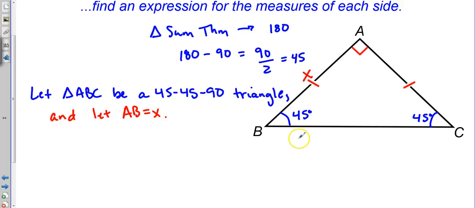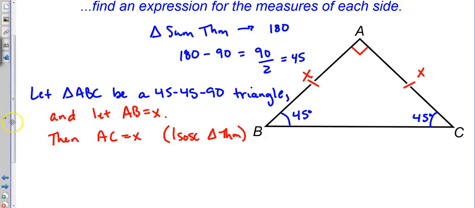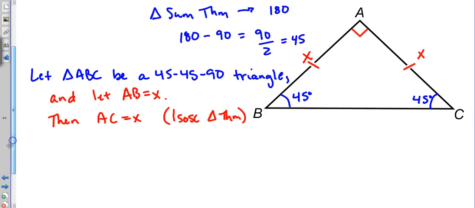So this side has a length of x. Well, because this is an isosceles triangle, we also know that AC is going to be equal to x, and that's because it's isosceles. If you want to call it something, it's really the isosceles triangle theorem, or you can just say the definition of an isosceles triangle, at least two congruent sides. So if this one's x, then this one's also got to be x because it's isosceles.